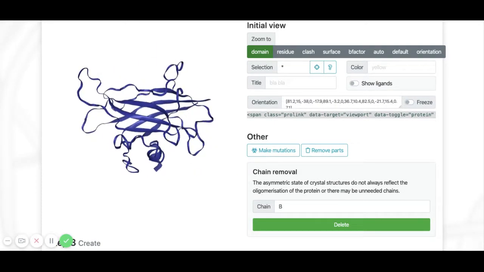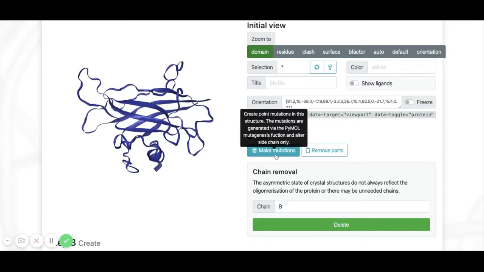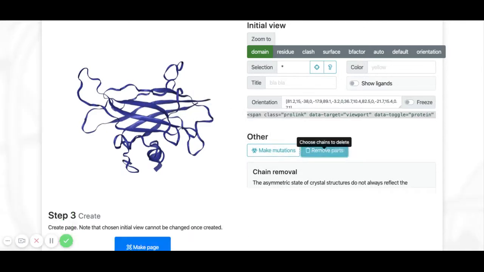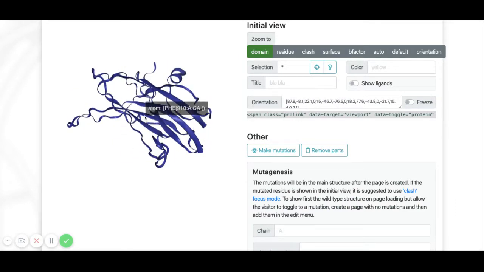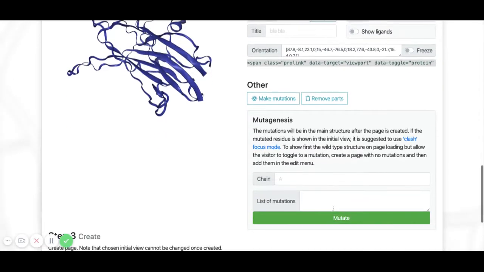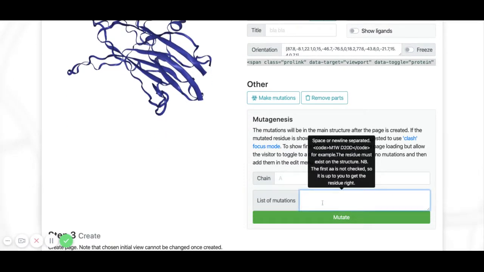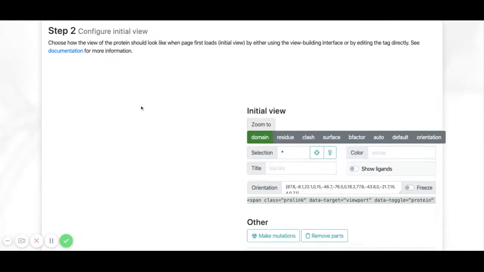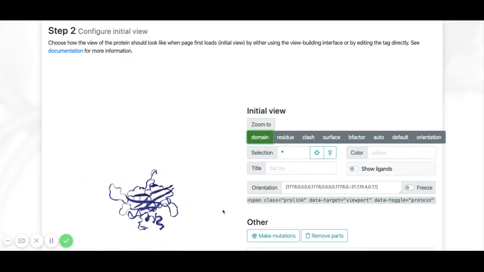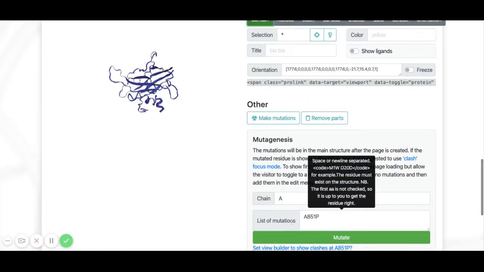Now, we can make a mutation straight away. Let's do that. Let's mutate something quite central. Let's mutate this 185 to a proline on chain A. And now the model will load again, but this time we will have a mutation.